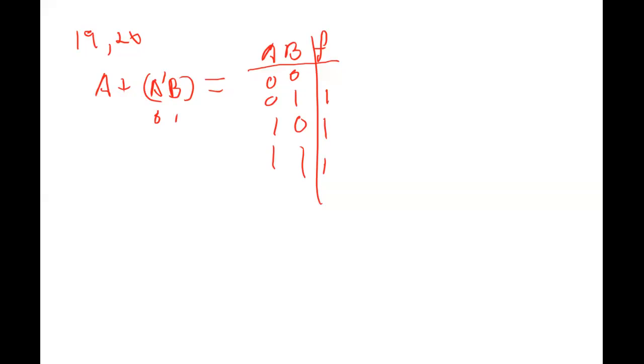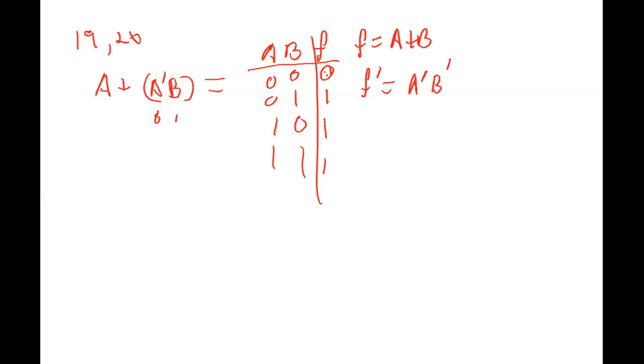Well, then it's going to be 0. So now it looks like F must be equal to either A or B. Or you could say F prime, which is where F is 0, is equal to A prime and B prime.